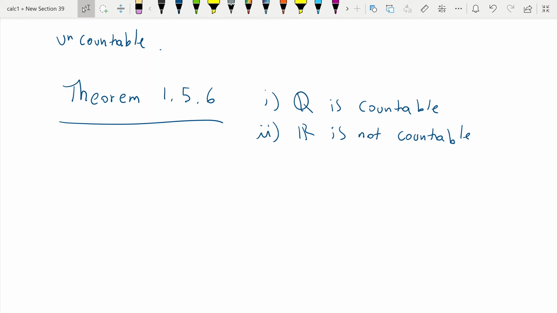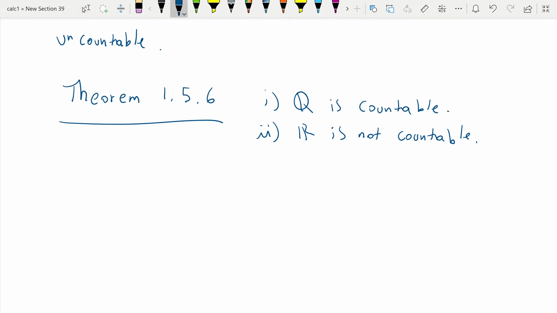You can count all of them. So that means the function is onto, and since all these sets are disjoint, and inside each one of these sets your function is 1-to-1, then the whole function is going to be 1-to-1. Therefore, you're going to be able to conclude that Q has the same cardinality as N.